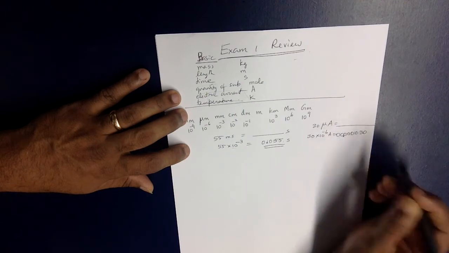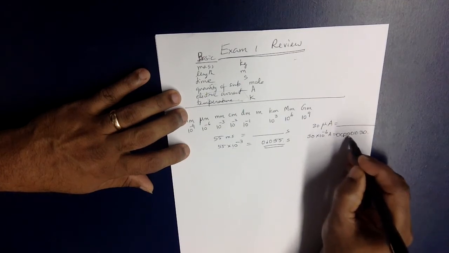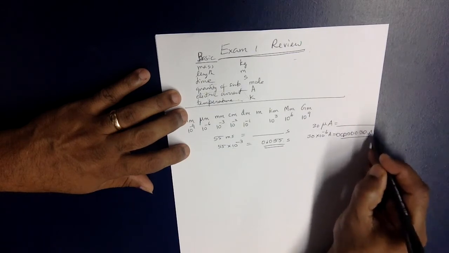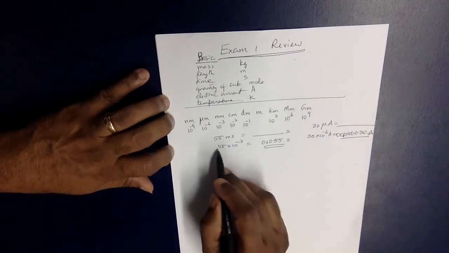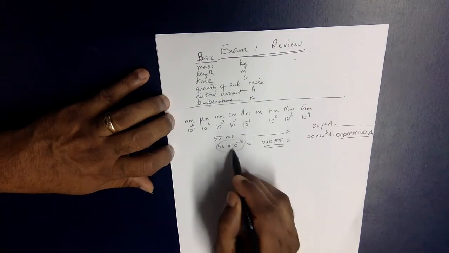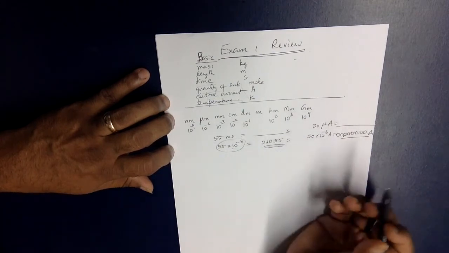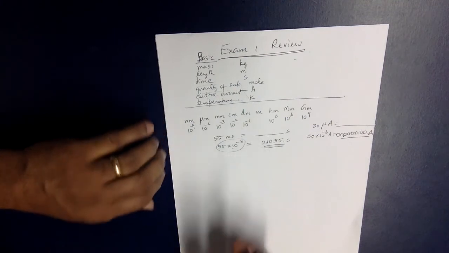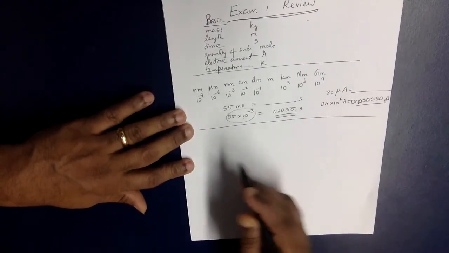So right there, the decimal. So you have 0.000030. That will be the answer in amperes. Or you can just simply plug this into the calculator, and whatever the calculator gives out should be the answer. So you can do it either way. Alright, so this is something that you should know.